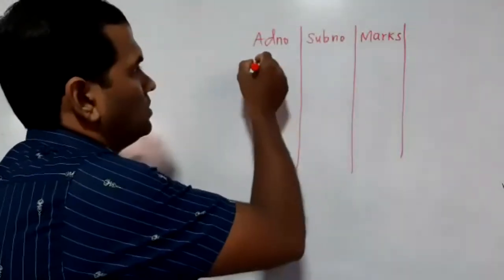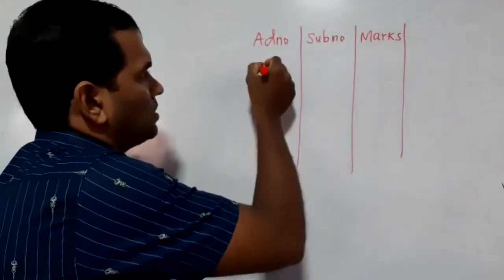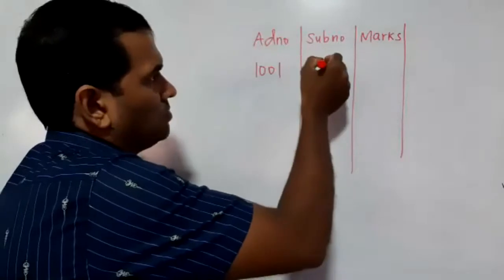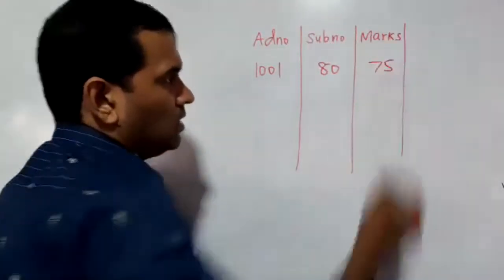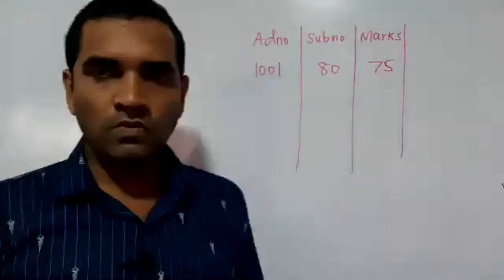Okay. So there is an admission number. Let me take 1001 again. Subject number, there is a number given for a subject, and this is the marks which 1001 obtained.